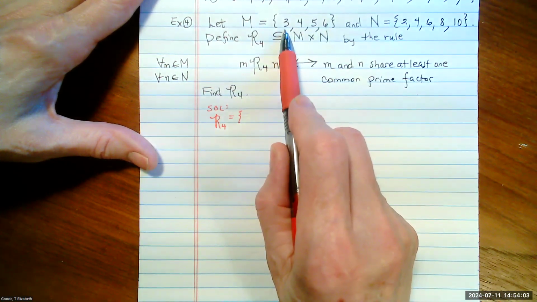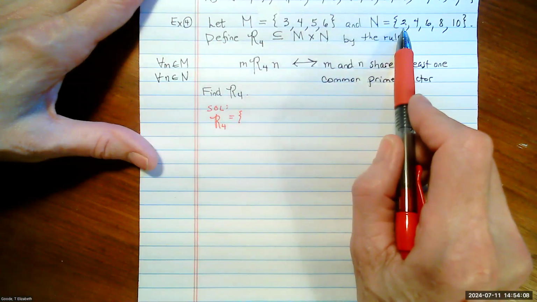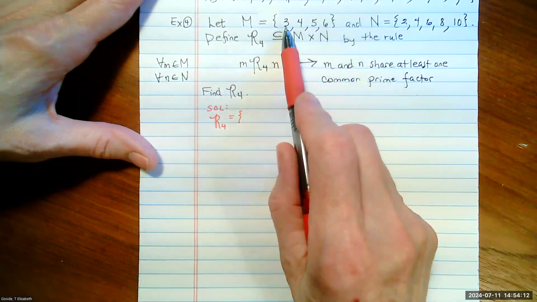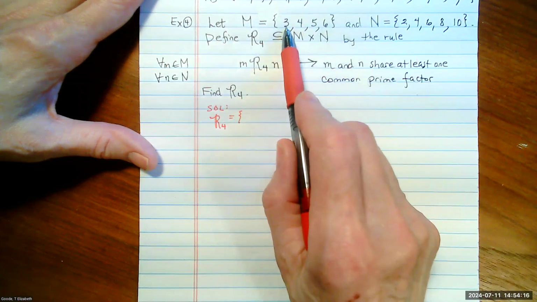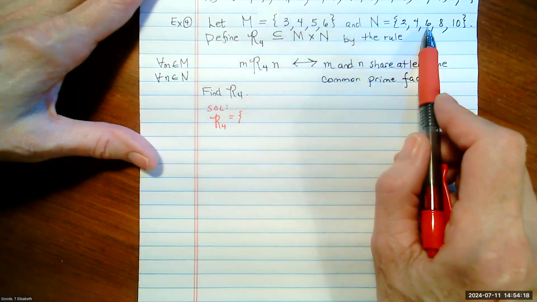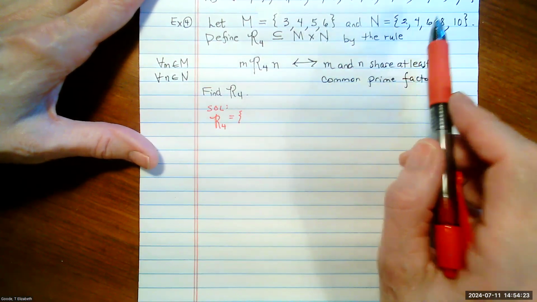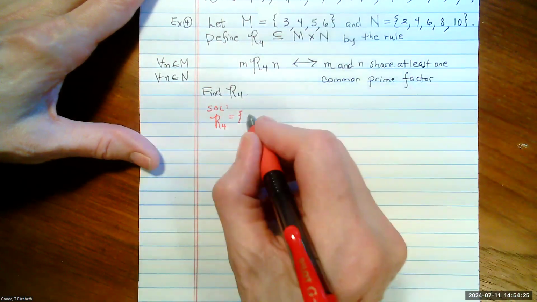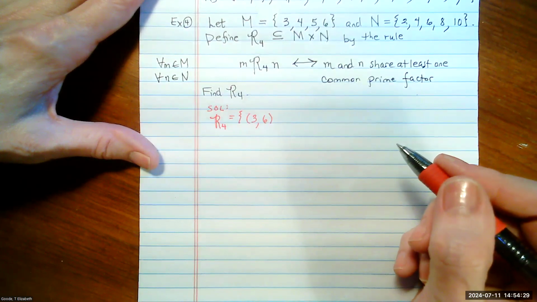Well, so 3 is not going to be related to 2 because 2 doesn't have 3 as a prime factor. 3 is not going to be related to 4 either. But 3 is related to 6 because 3 and 6 share a common prime factor, namely 3. So let's put our first ordered pair into R4, (3, 6).